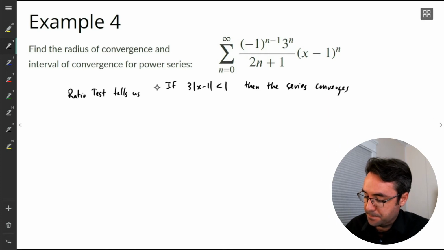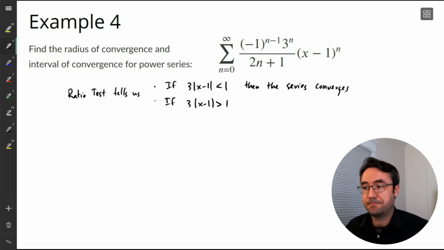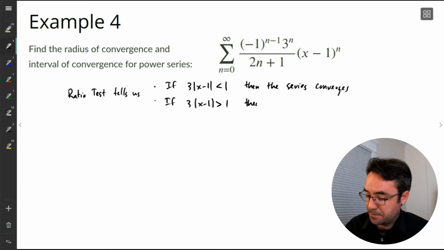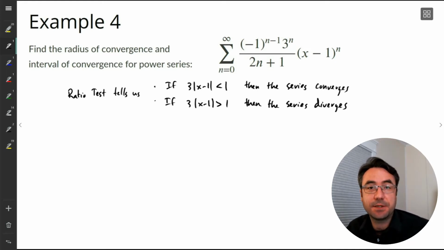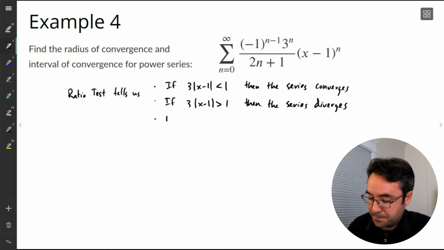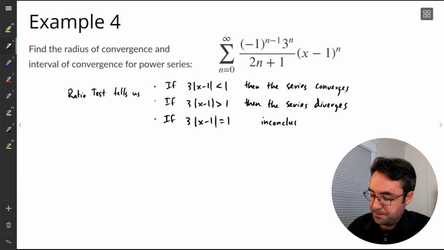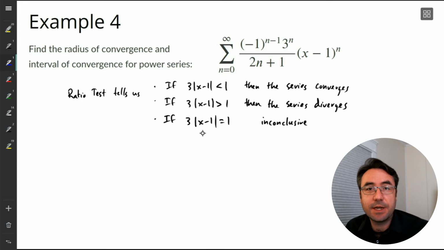If that is greater than 1, then it diverges. And if it's equal to 1, well, then the ratio test is inconclusive. So if 3 times the absolute value of x minus 1 is equal to 1, inconclusive. And this inconclusive condition is going to give us our endpoints that we need to check.